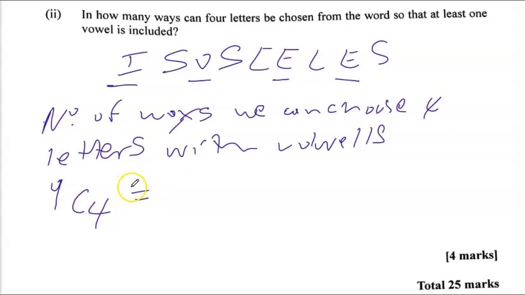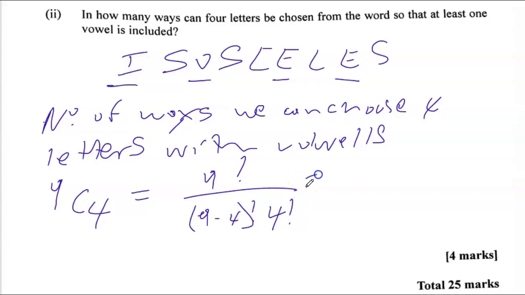You can enter this in the calculator, or you could say 9 factorial over 9 minus 4 factorial times 4 factorial. Either way, 9 choose 4 works out to be 126. So there are 126 ways we can choose those 4 letters.